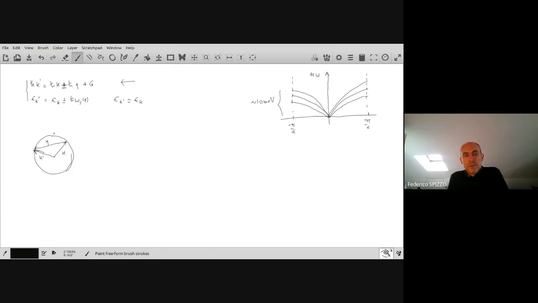So depending on the wave vector of the phonon that interacts with the electron, the final state will be close or far away from the initial state.